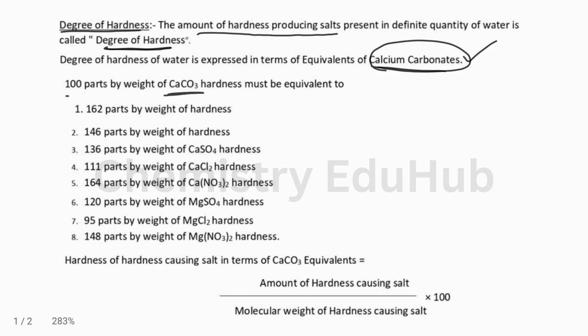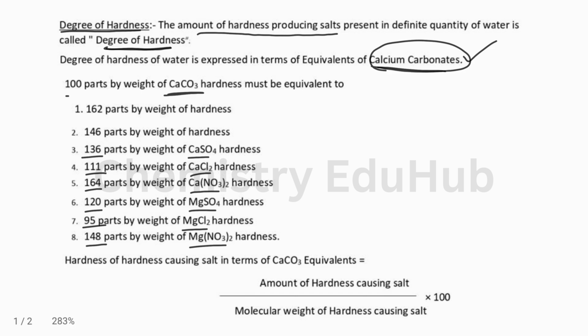So 100 parts by weight of calcium carbonate can be equated to 136 parts of calcium sulfate, 111 parts of calcium chloride, 164 parts of calcium nitrate, 120 parts of magnesium sulfate, 95 parts of magnesium chloride, and 148 parts of magnesium nitrate.